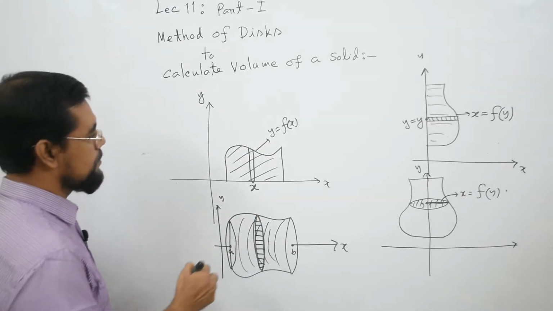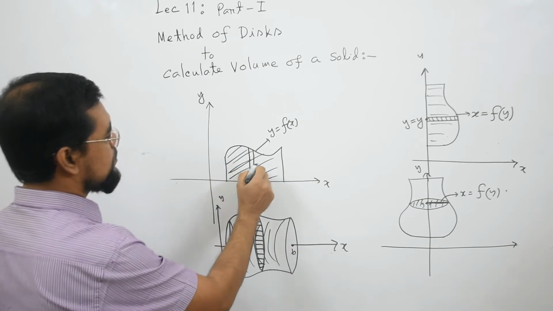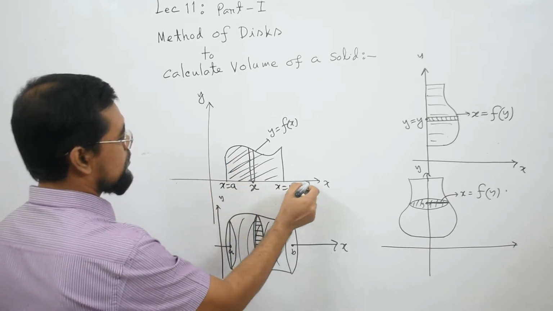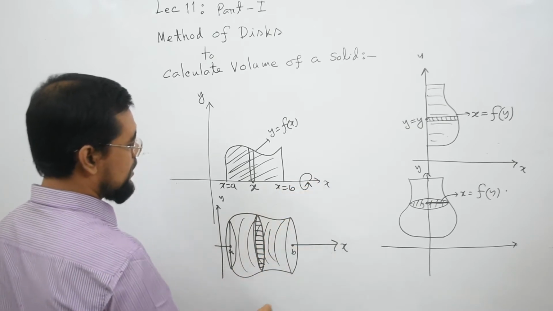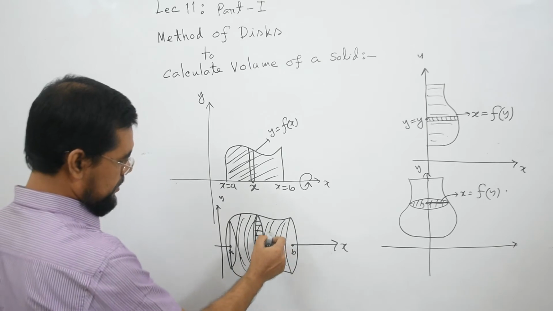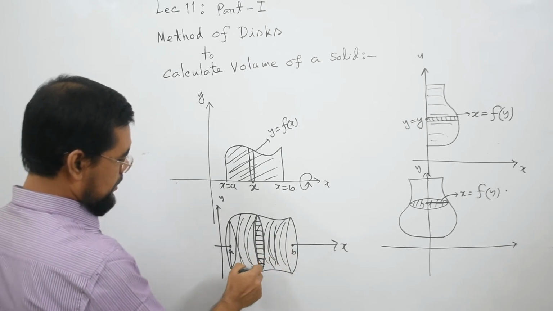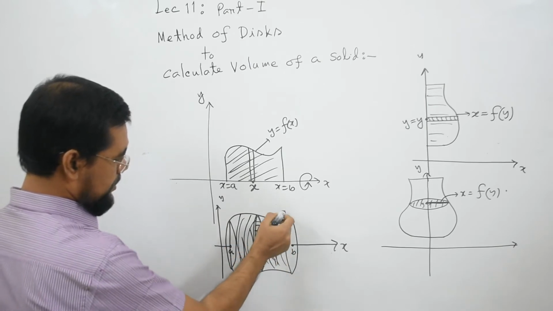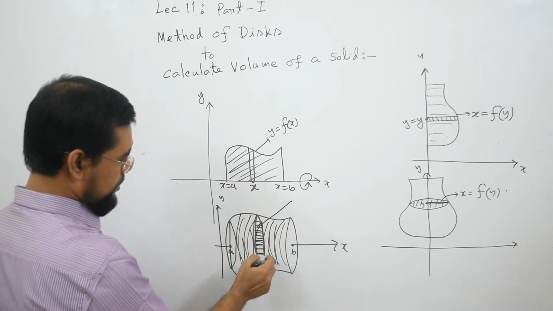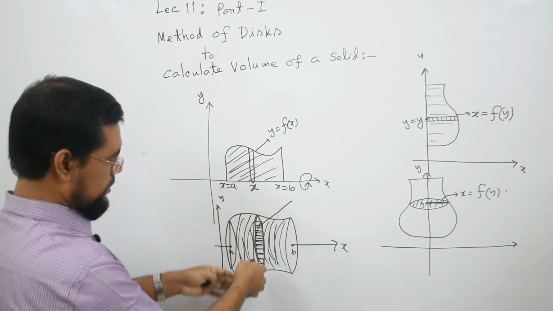So you see, if you revolve this plane region from x equal to a to x equal to b about x axis, then you will get a solid material like this. And in that case, you can take a cross section like this. Okay, and this cross section is perpendicular to the x axis.